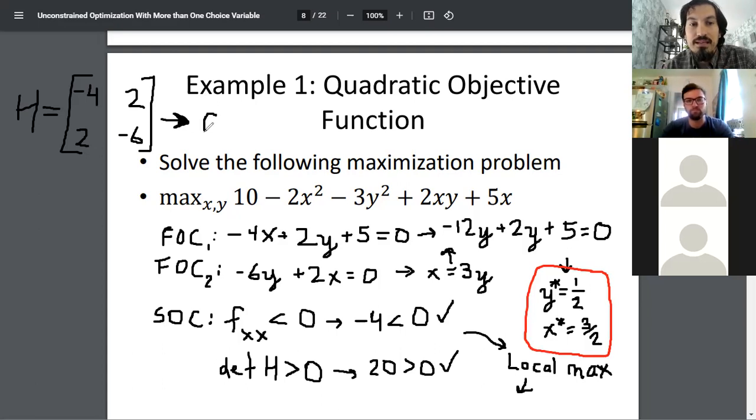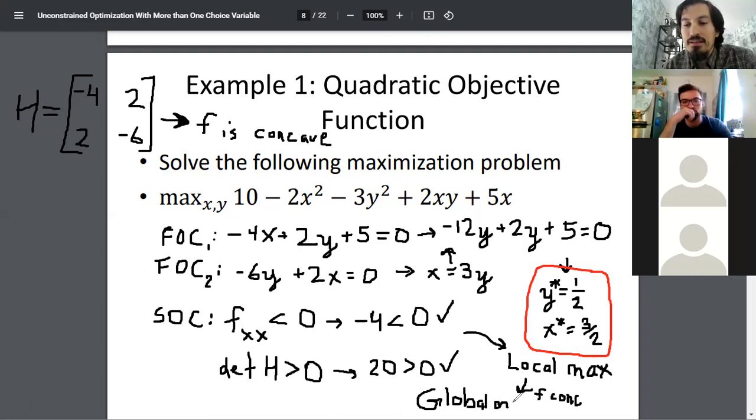This implies f is concave, not just concave at a point, but concave everywhere. And that implies, I'll put down here, f concave plus local max implies, this arrow is the implication arrow, I'm sorry if this is a little hard to follow, it implies global max. Okay.